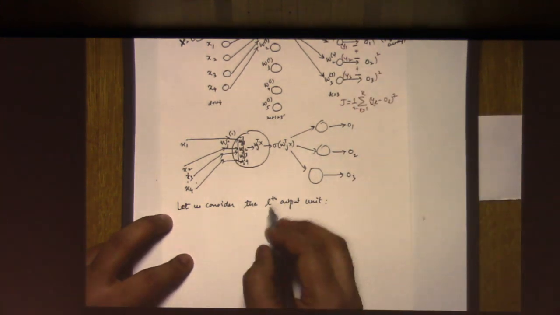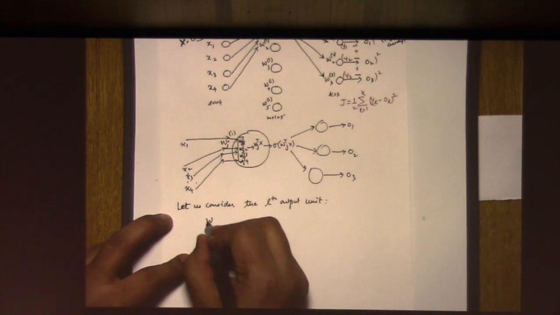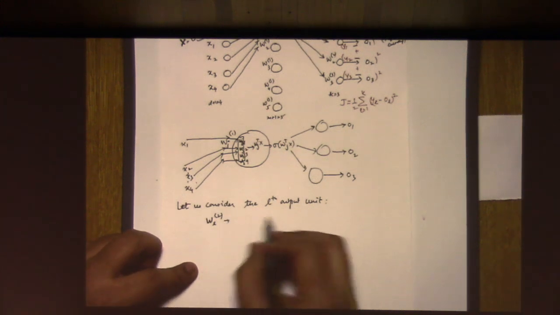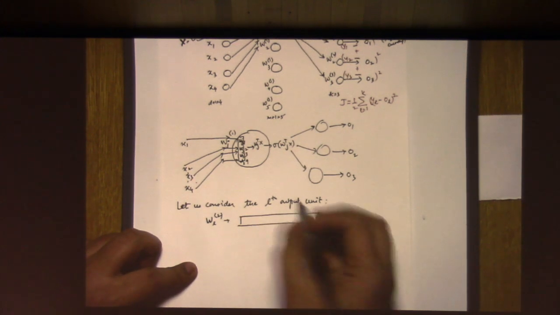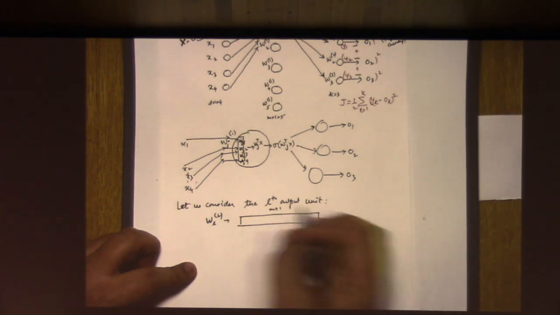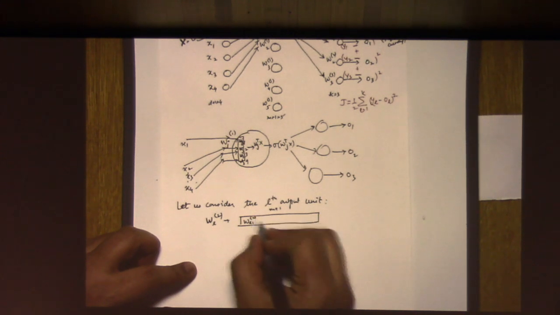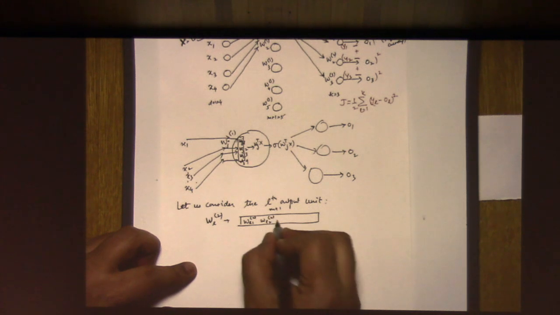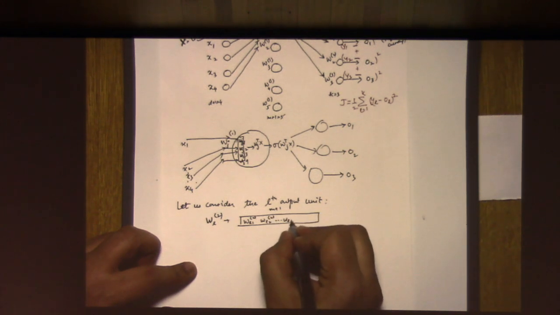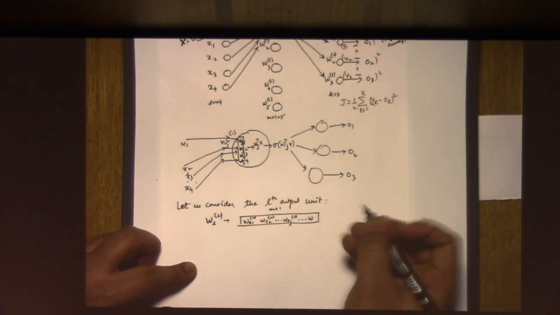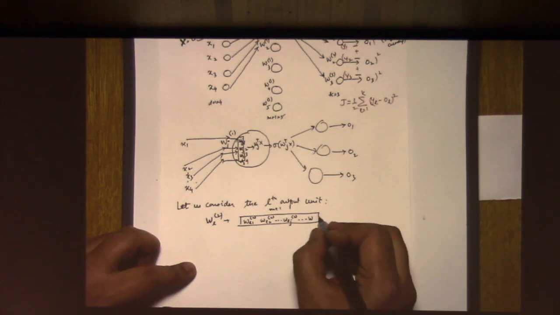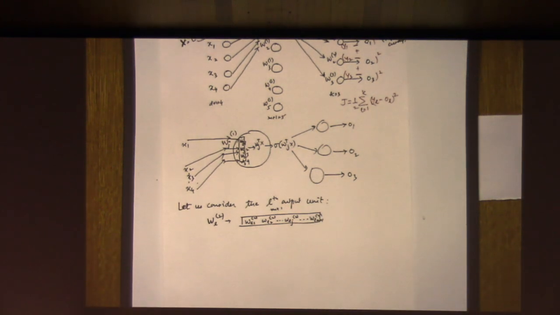The Lth output unit would have a vector associated with it. This would be an m+1 length vector, which will have entries that we are going to call W_L1, W_L2, W_Lj, and so on up to W_L(m+1), right? So this is the vector.